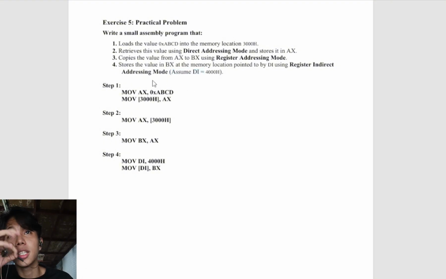Step 1 is pretty self-explanatory: MOV AX, 0xABCD. This puts ABCDH into AX and stores it in memory location 3000H.